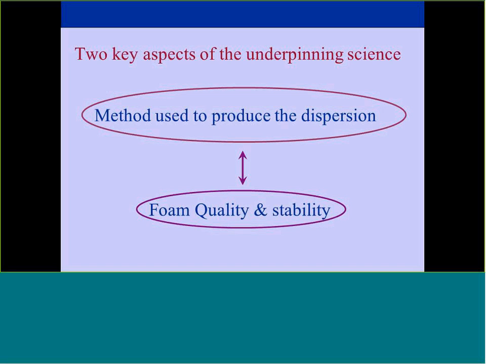For us, from a food engineering point of view, the foam is the product, and the product has to be manufactured. There is no point in just looking at a foam on its own and then trying to look at its characteristics.